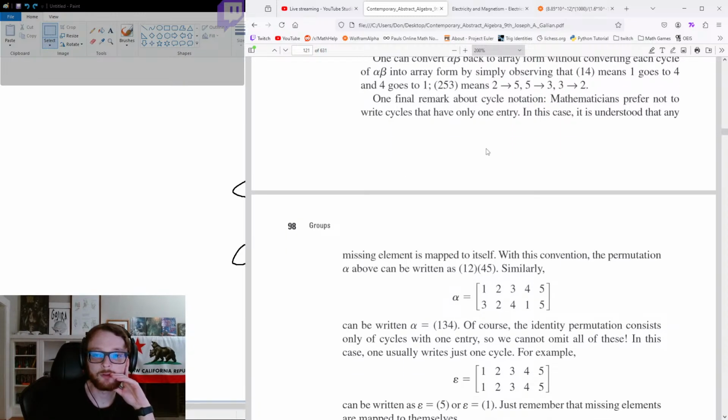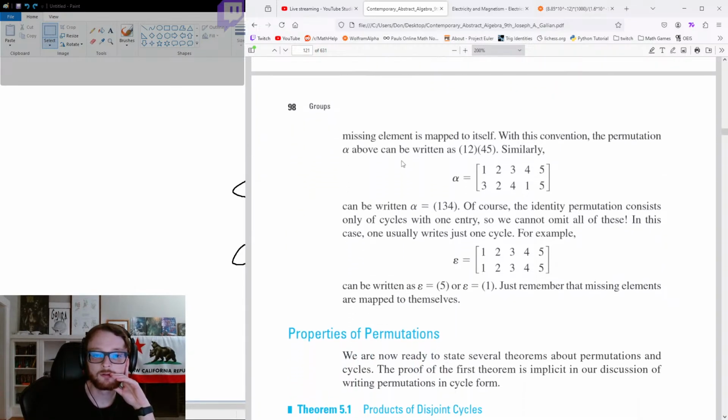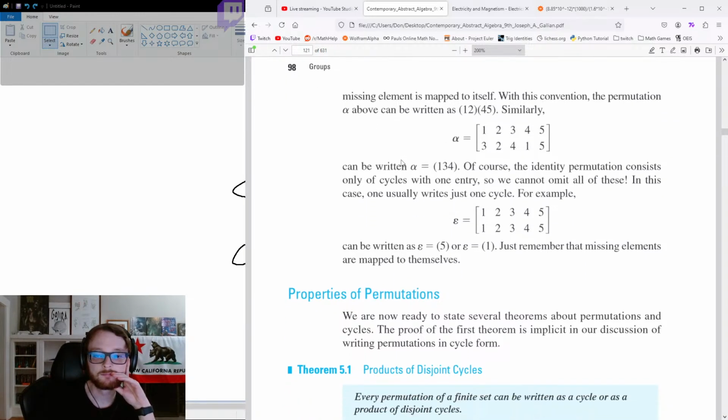To write cycles out of only one entry, any missing element is mapped to itself. Okay. Oh, so for the identity, you just have it as a single thing?